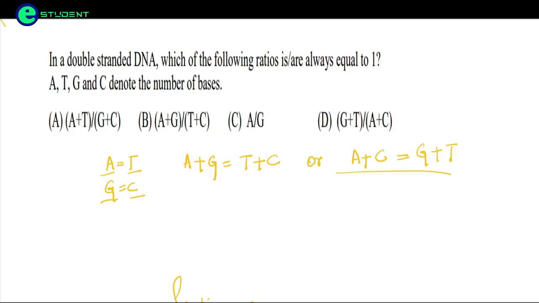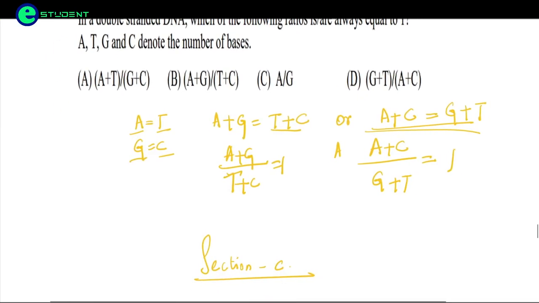So from this we can say A plus G by T plus C is equal to 1, and here A plus C by G plus T, sorry, here G plus T is equal to 1. Okay, so we can write it like this, right?